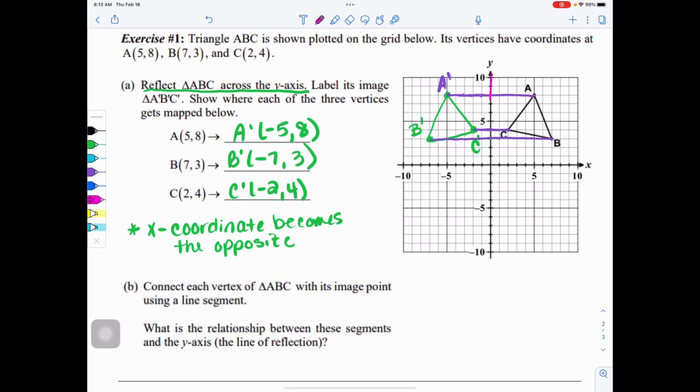So I'm just going to kind of trace the y-axis in pink so we can see what's going on. And if you look at all these line segments, they've all been chopped in half, okay? And the pink line intersects it in such a way that it makes these right angles, right? Cuts it directly in half, completely vertically.